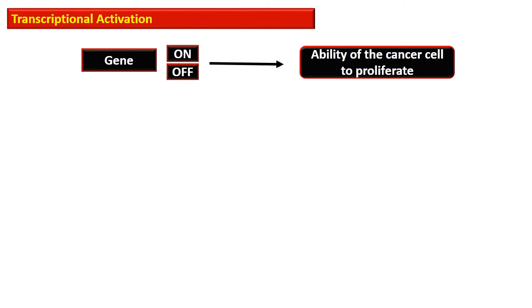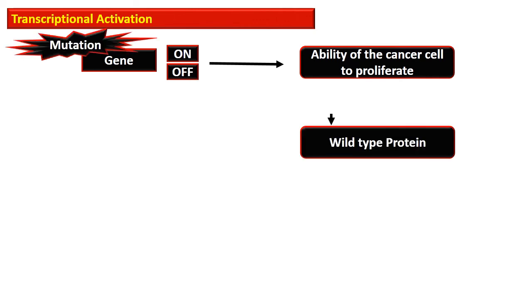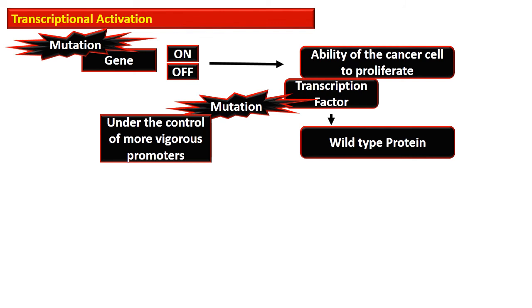The ability of the cancer cell to proliferate is dependent on the group of genes that is turned on or off by the mutation, and if there is an upstream mutation, it will result in production of the wild type protein, or excessive production of the protein.